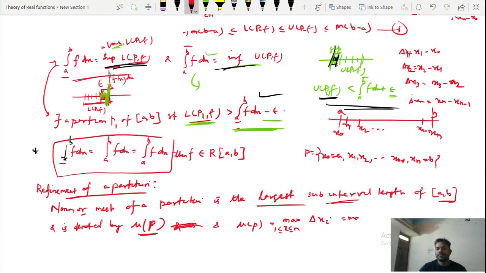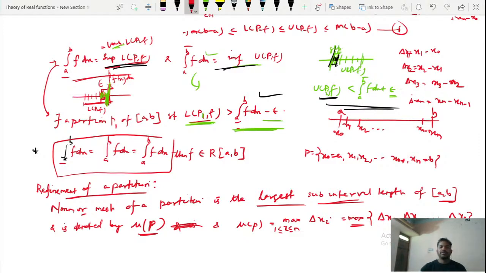That means it is the maximum among del x1, del x2, up to del xn. Among all the intervals, this is the largest subinterval length. This is your mu P, or the norm of partition P.